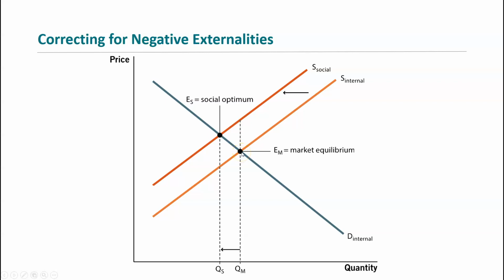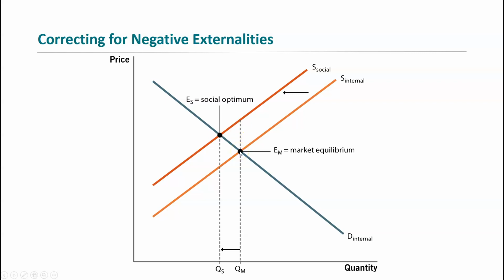But in this market, in the market that's represented here on this slide, there's a negative externality, which means when we all behave in our own self-interest, we're doing too much of the activity. Society wishes that we would be at this equilibrium instead, that we would consider the social costs, the external costs of what we're doing rather than just our internal costs.